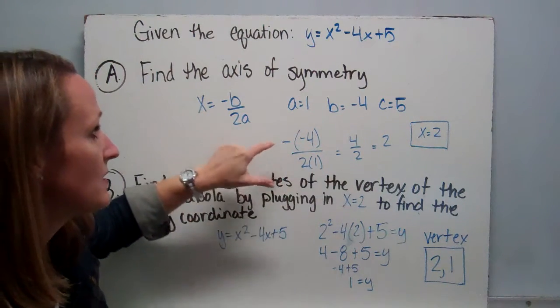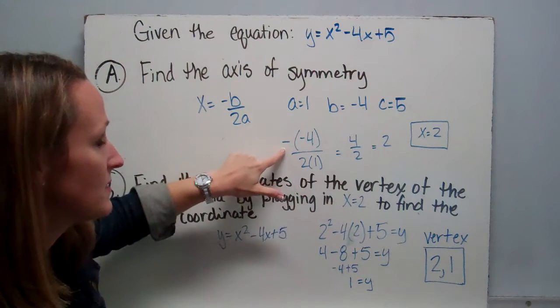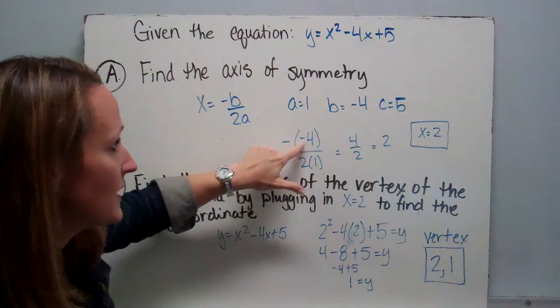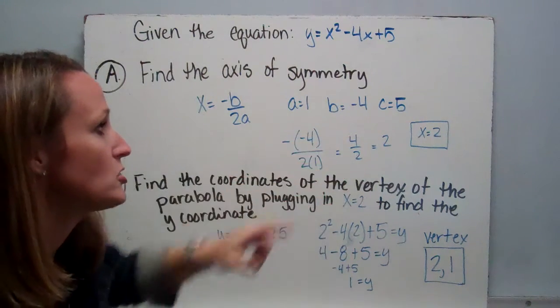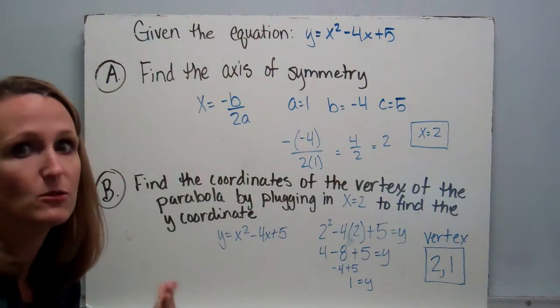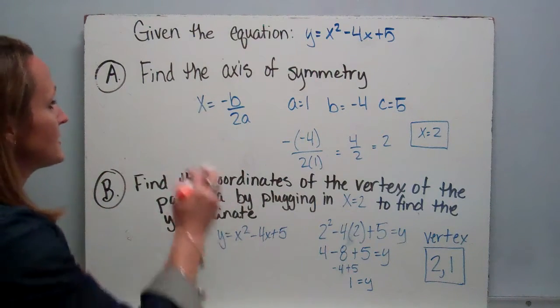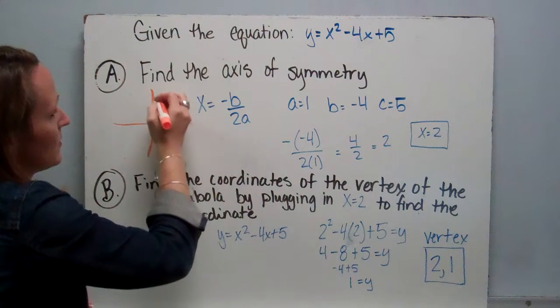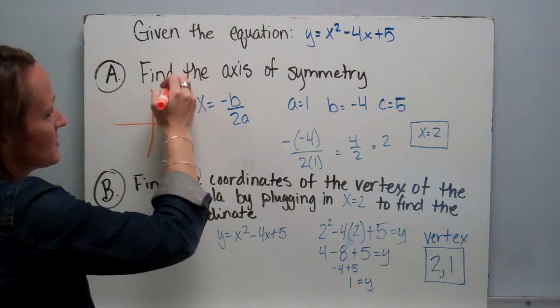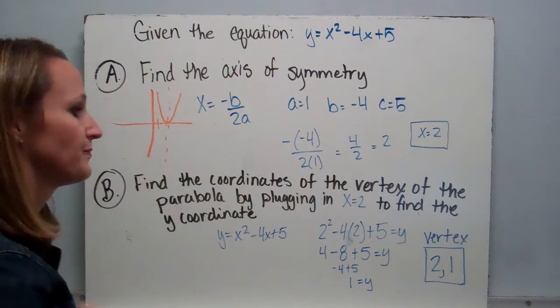So we would say the opposite of b, negative b, so the opposite of negative 4, over 2 times 1, or 2a. That's the same as 4 over 2, which equals 2. So x equals 2. That means that our axis of symmetry is going to come right down here.